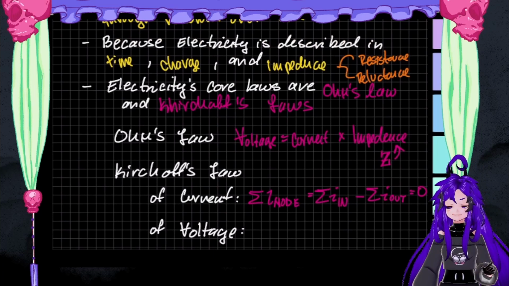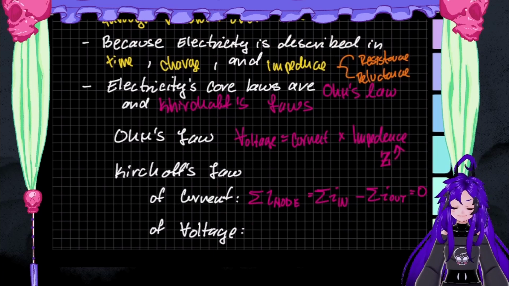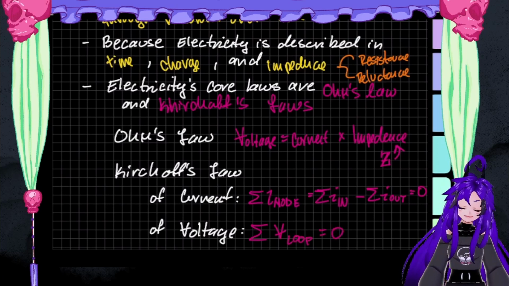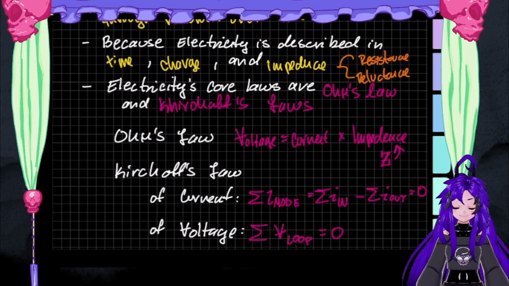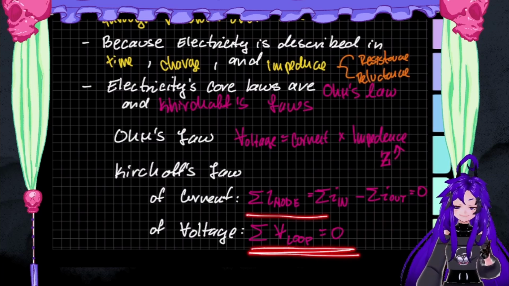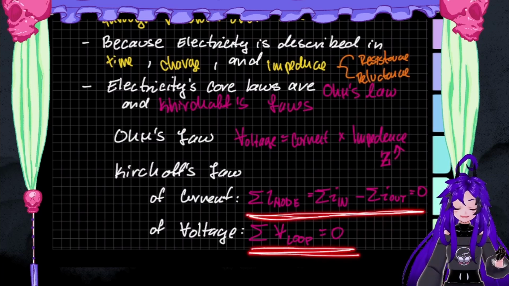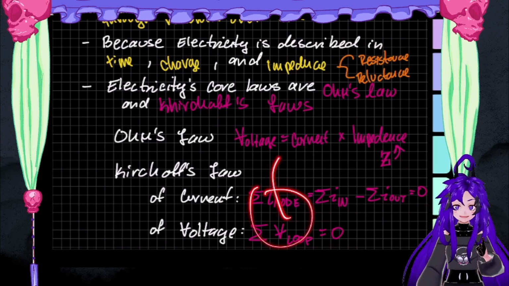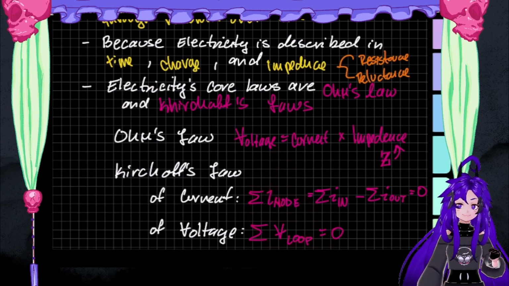And Kirchhoff's voltage law says that the sum of voltages around a complete loop equals 0. This is what we're going to be getting at today. We are going to figure out what these 2 laws actually mean to a circuit, and then how they relate back to Ohm's law.